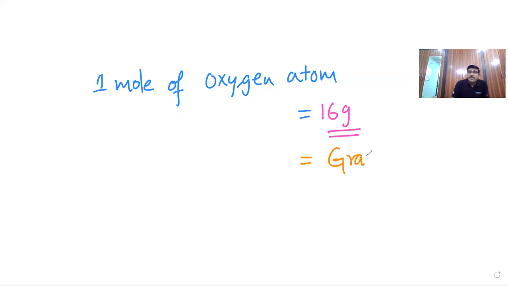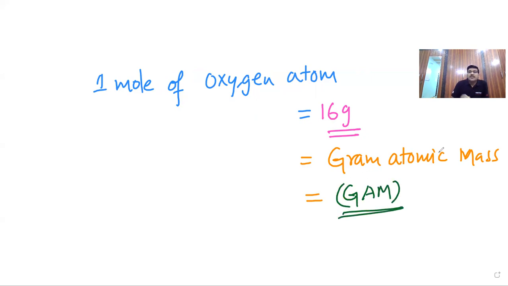gram because it is expressed in grams. Since it is an atom, we are concentrating only on the atom. Gram atomic mass. In short, we note it as GAM. Gram atomic mass unit.